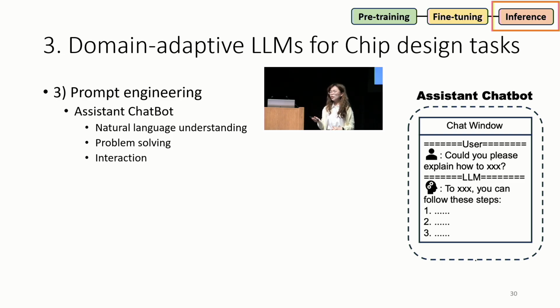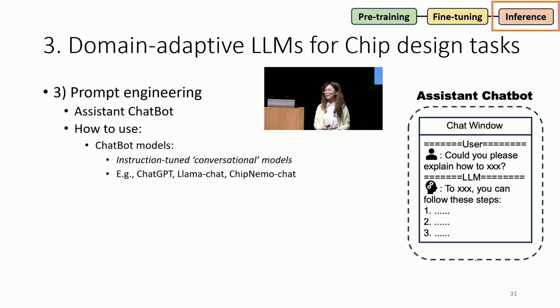One simple example is that we can use prompt engineering to use the chat model as an assistant to help you do chip design. For example, it can be your pair programmer, make suggestions or provide a decent code sketch, or it can be your rubber duck, so you can tell it how you're thinking about the design, but it doesn't work.